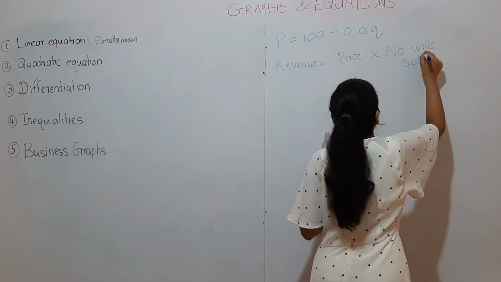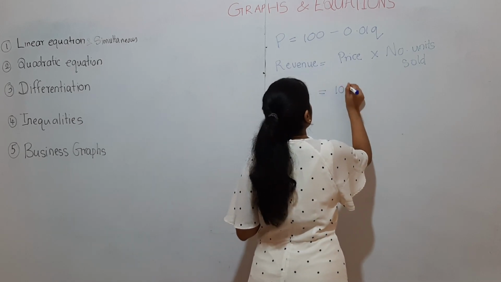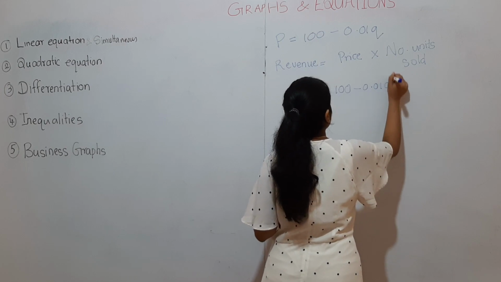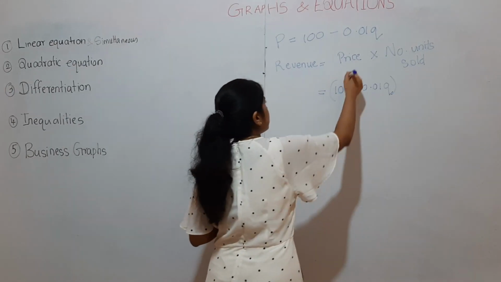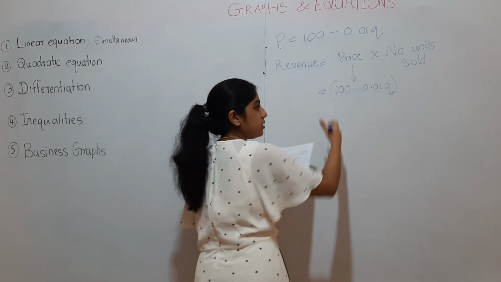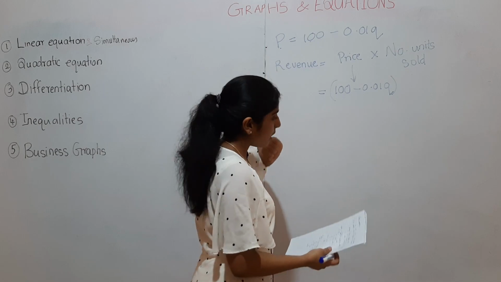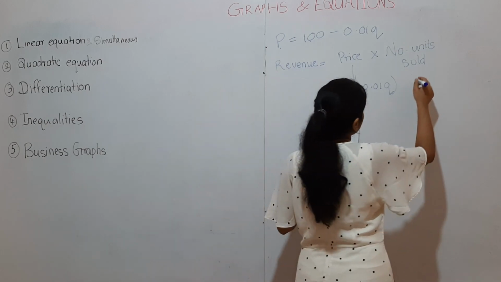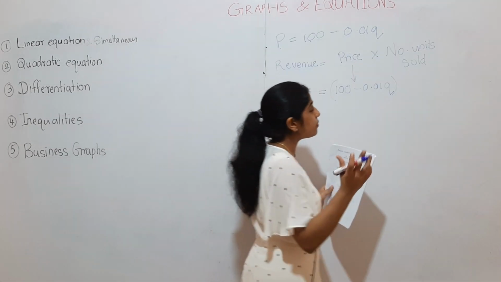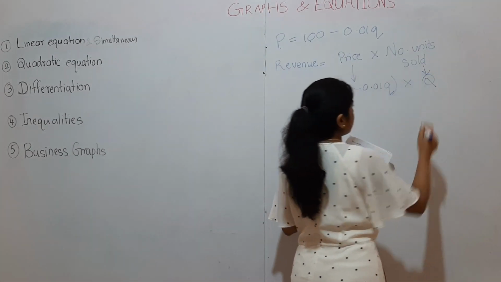The sales price we know is 100 minus 0.01 Q. This is the equation of price, so substitute it here. Then the number of units sold, they said equal it to Q, so it will be Q over here.